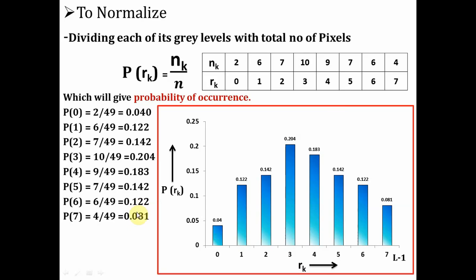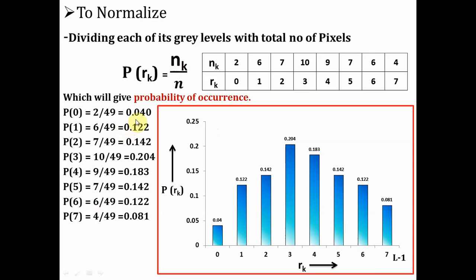If you see the values after normalization, they will not go beyond 1, because you are dividing the number of pixels by the total number of pixels. It is very easy if I draw the y-axis up to 1. In this example, none of the values crosses 0.25, so I can easily plot them because I am normalizing my gray levels.